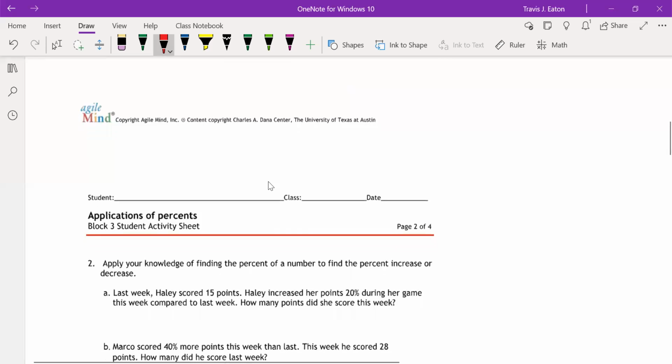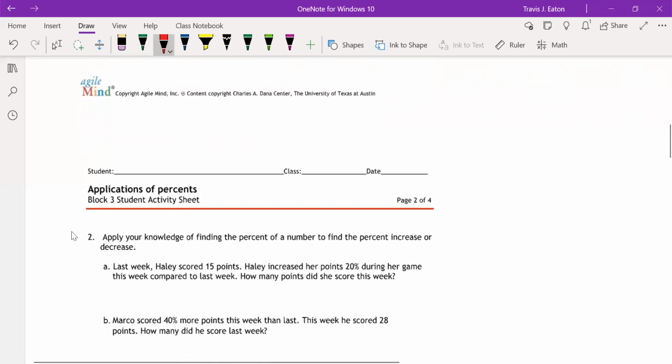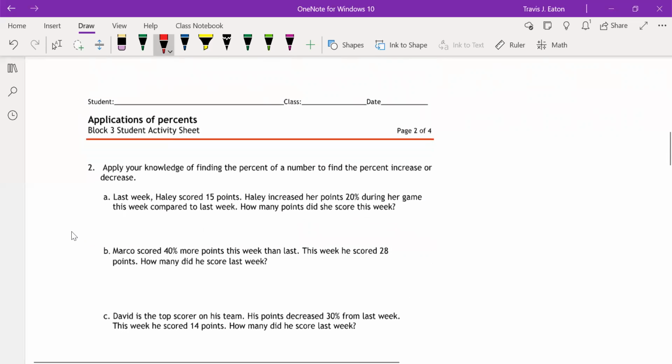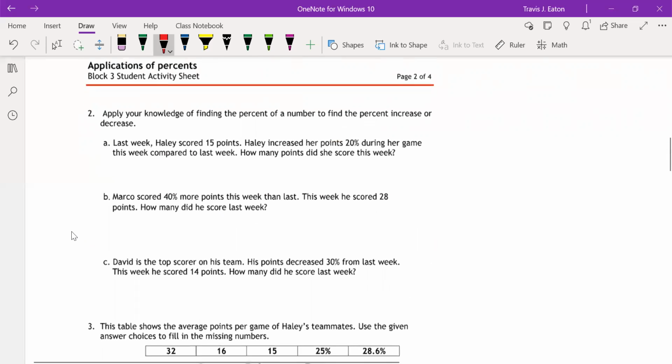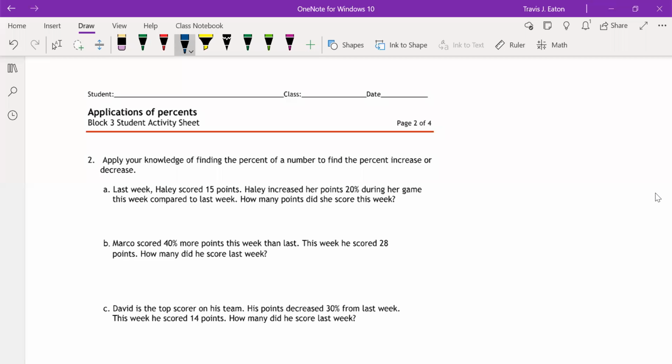Now it says apply your knowledge of finding the percent of a number to find the percent increase or decrease. All right, so now we're on page 112.